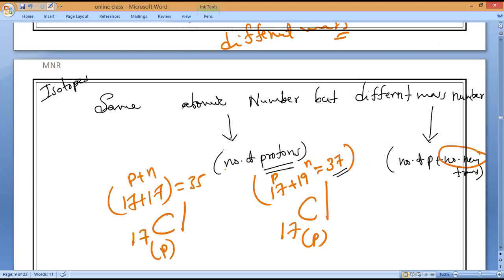Before you check, what is the definition I gave? Same atomic number but different mass number is called isotopes.